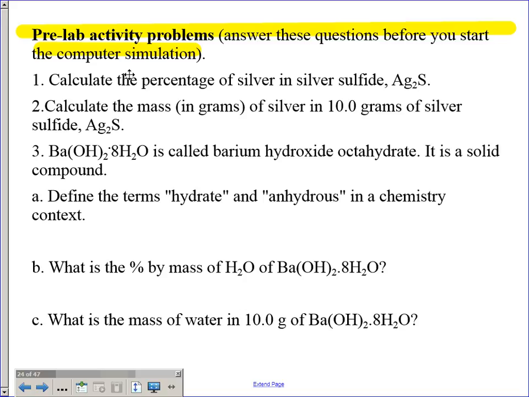Don't you divide? Yes. So it's silver divided by the total, and then multiply by 100. Yeah. Although that's 247%. I got 87. Yeah, I got 87. Or 87.06.